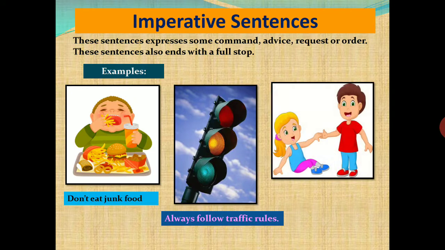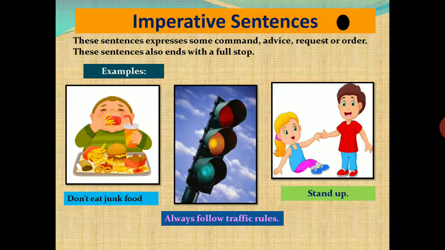And my last example is where I'm telling, stand up, where I'm giving an order. Stand up. Why are you not standing? Stand up, where I'm very angry. Similarly, these are the three examples of imperative sentences, and the punctuation mark that we use at the end of a sentence is a full stop.